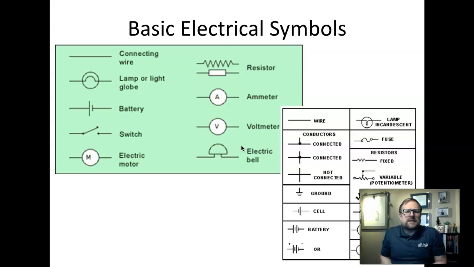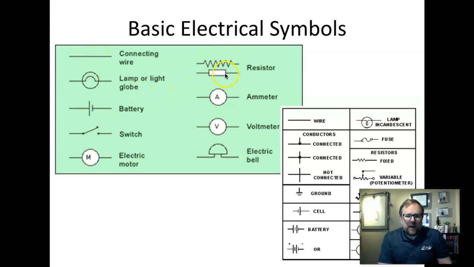There are some basic electrical symbols that I want you guys to become comfortable with for these, and your activity that you're going to do on circuit building will have you becoming comfortable with some of these electrical symbols. So a single straight line on a schematic circuit diagram represents a conducting something connecting, a wire, something along those lines.